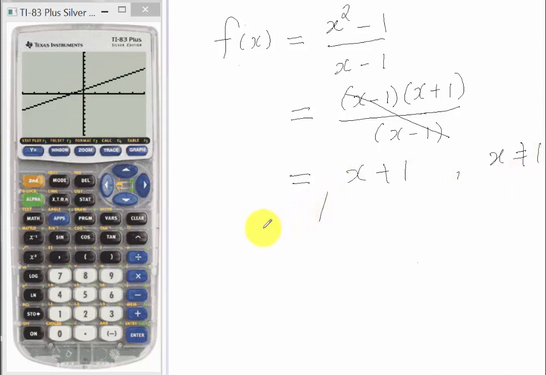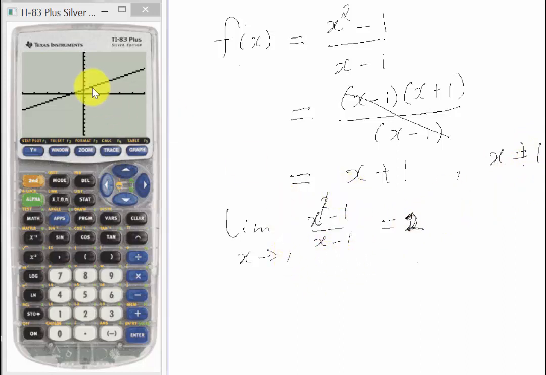Now, the limit as x goes to 1 of (x squared minus 1) over (x minus 1) is equal to, actually, 2. When x equals 1, it is not defined.